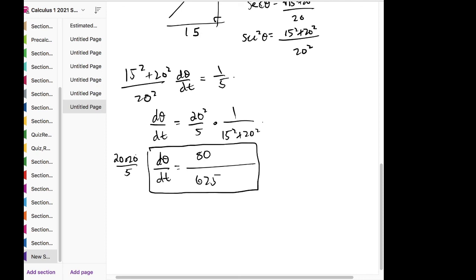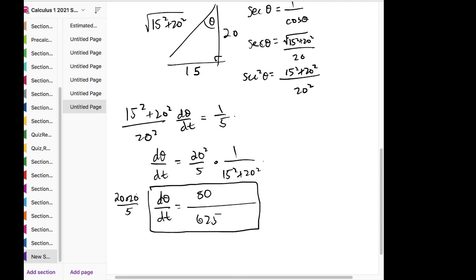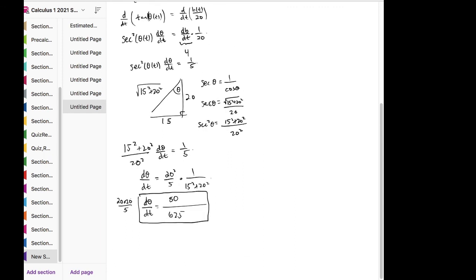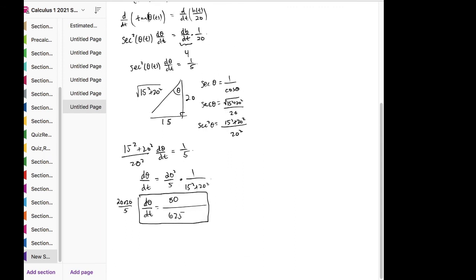Okay, cool. Okay, questions. So I think the hardest part was just, oh, the square root of that is 625? Okay. This is 3125.